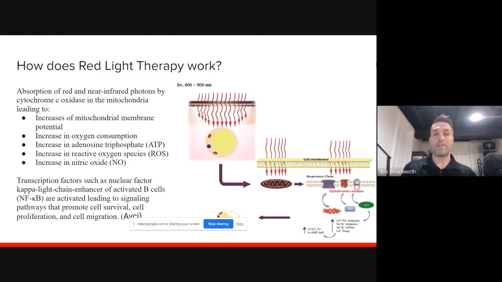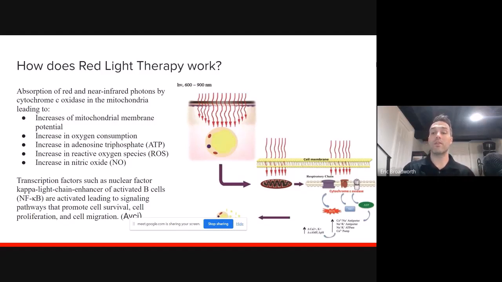Basically, red light therapy has this huge cascade of effects. What we're doing is making the mitochondria more efficient at producing ATP and energy. And since the mitochondria are in a wide variety of different cells and systems in our body, that's why it can have a systemic effect.